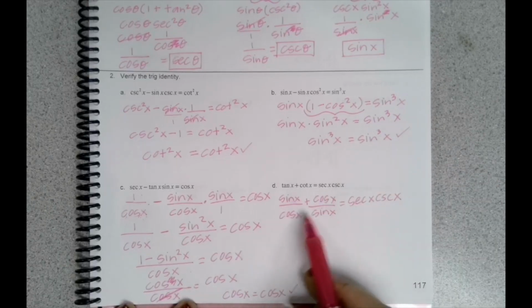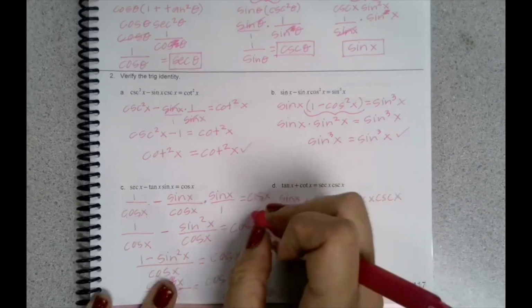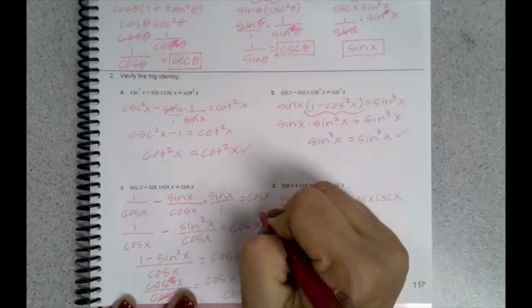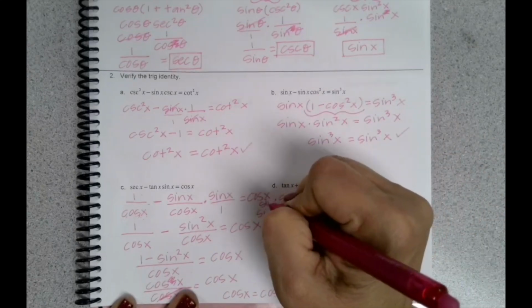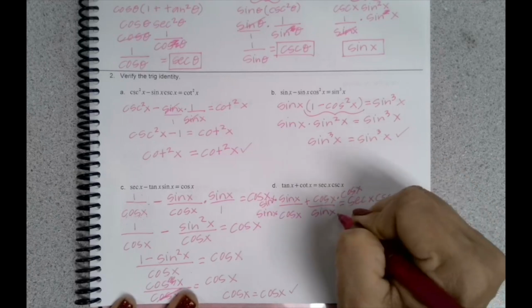Now I still only have 2 terms, but we already learned in a previous lesson that to get common denominators, we just need to multiply each denominator by what the other one has. So those are both sine x, and these are both cosine x.